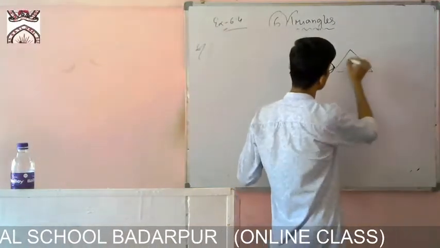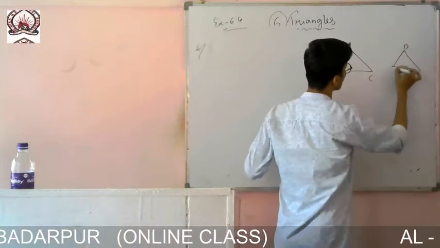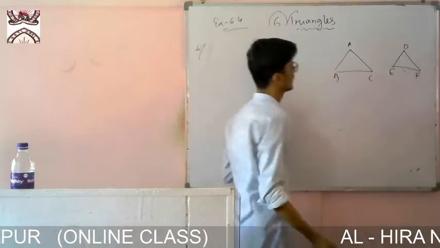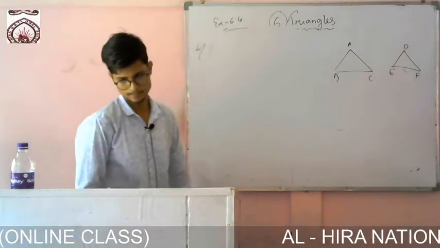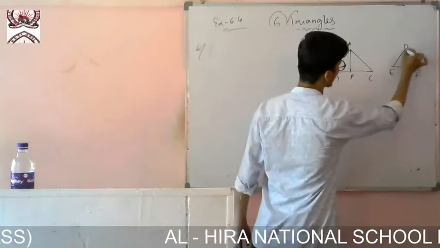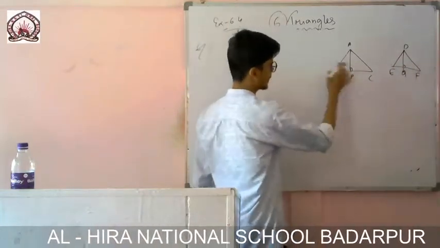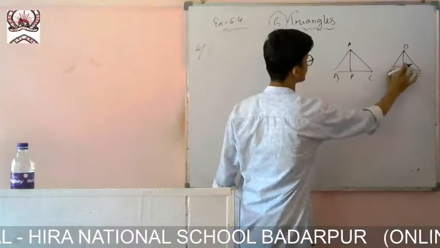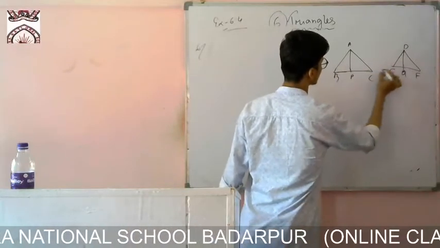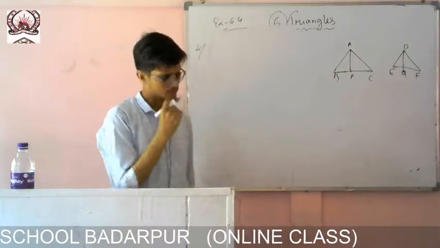So let me draw two triangles, A, B, C and D, E, F. Let P, Q be the medians, okay? Let it be like this, you draw it nicely.